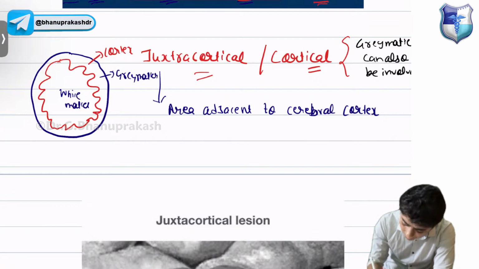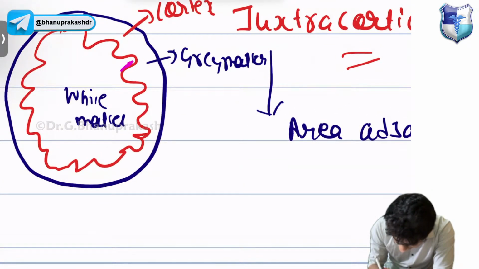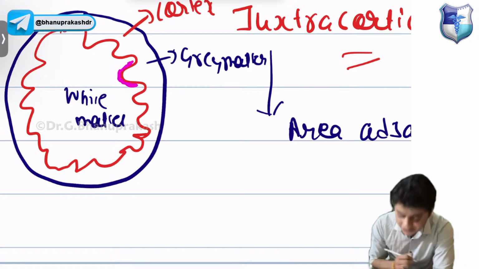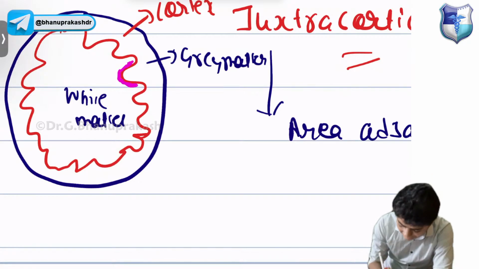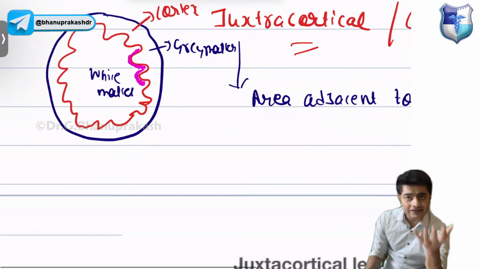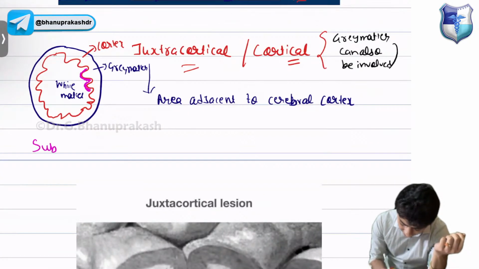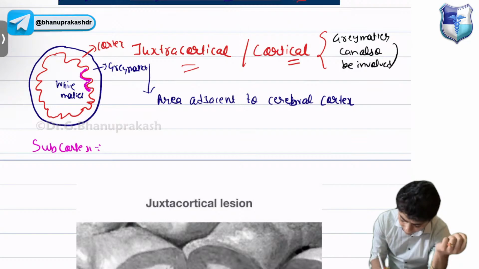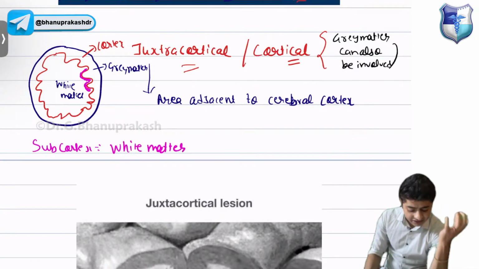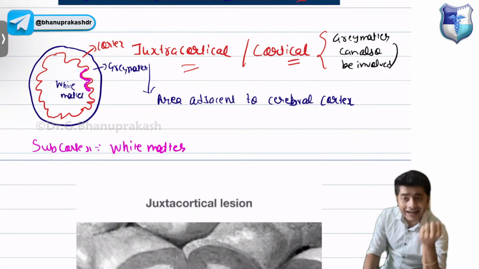So I am talking about this area, which is just adjacent to your gray matter. Because when we say subcortex, it is white matter only, because it is below the cerebral cortex. But when we are saying juxtacortical, it is area adjacent to cerebral cortex.